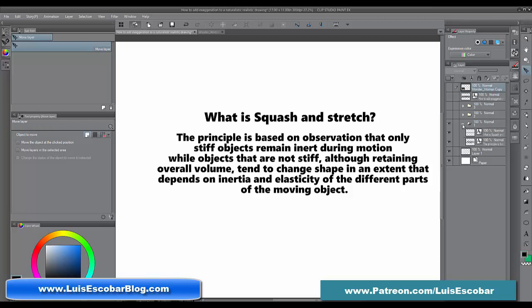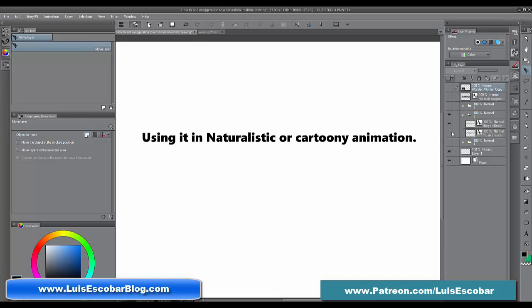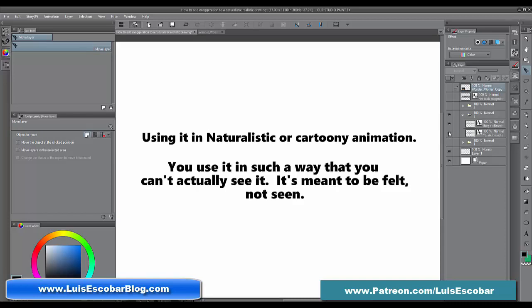Okay, so the question was, how do you do this? What we're looking for here is using it in naturalistic or cartoony animation. In naturalistic and cartoony animation, the reality is that you use it in such a way that you actually can't see it. It's meant to be felt, not seen.